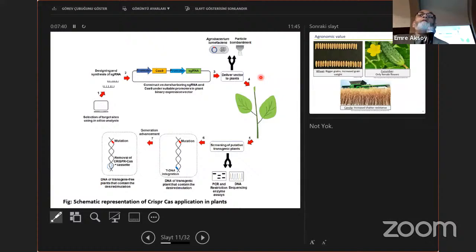The next step is to deliver the vector to the plants. Then it has two steps. First is the agrobacterium transformation, then the particle bombardment.